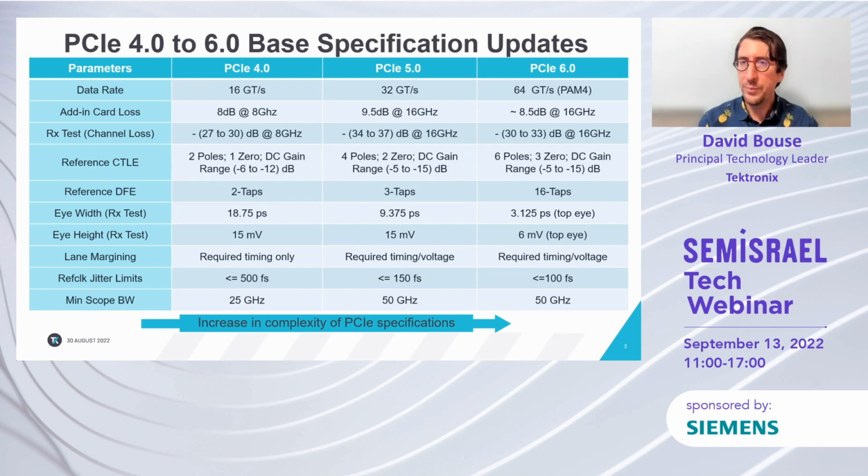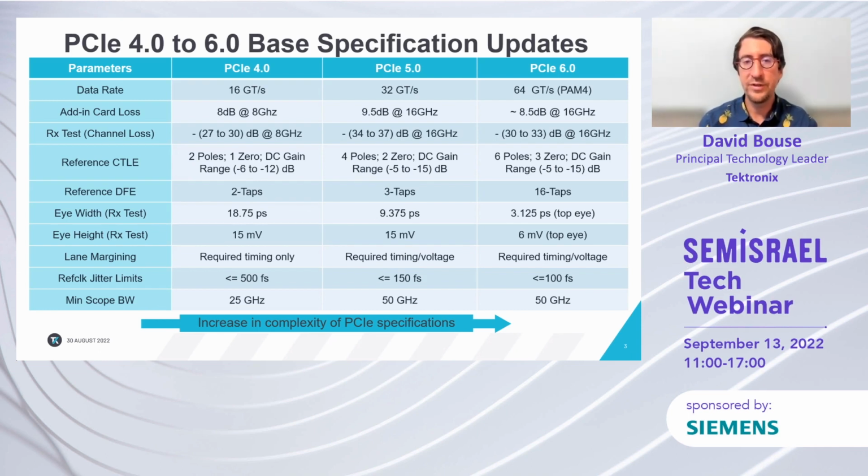So that's one piece: the loss for the endpoint or the card. And then you can also see it's bounded by how much loss we use to test the receiver. You can see a range, because that's actually one of the knobs that we use for calibrating the stress signal for testing receivers, which we'll talk about a little bit more.